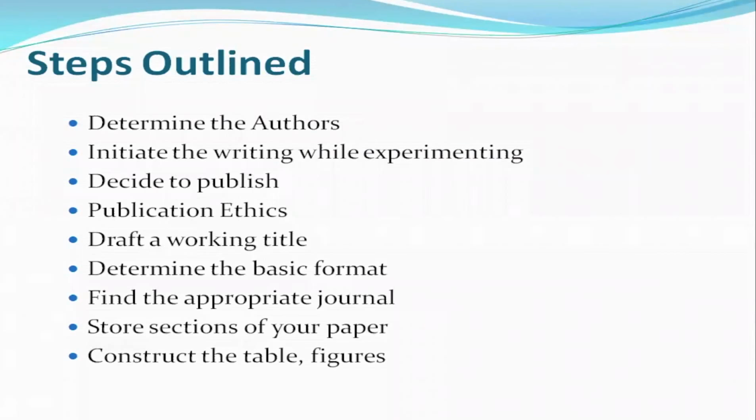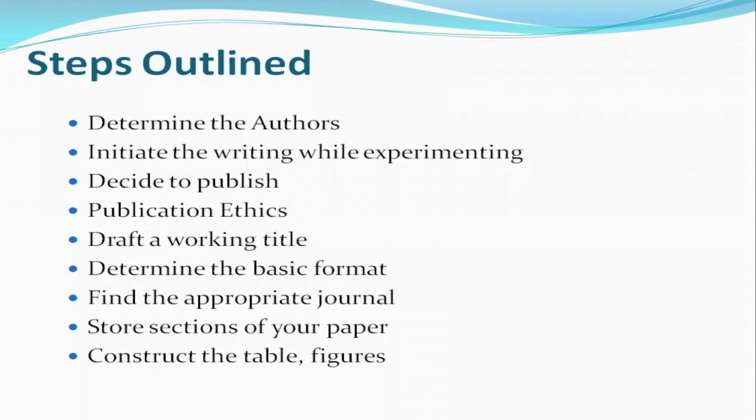All right. So, after finding the appropriate journal, which can be based on the indexing or your own method of finding out the best journal for your paper, it is now important to store some sections of your paper.